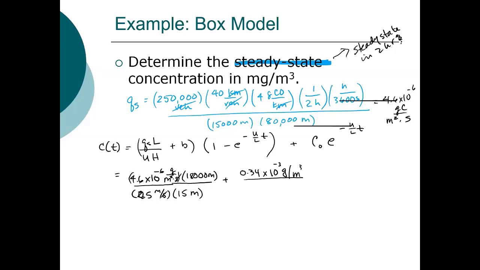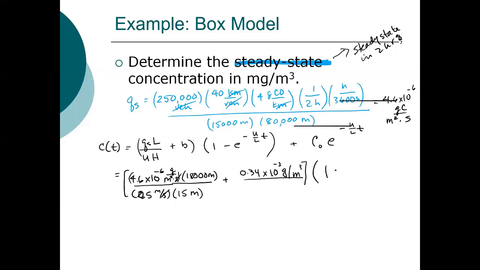So seconds cancel. In both cases now, we have units of grams per meter cubed, which is what I was concerned about before. So the moral of the story here, classmates mentioned the problem with the units. We've got the units correct, and now we can add the two.